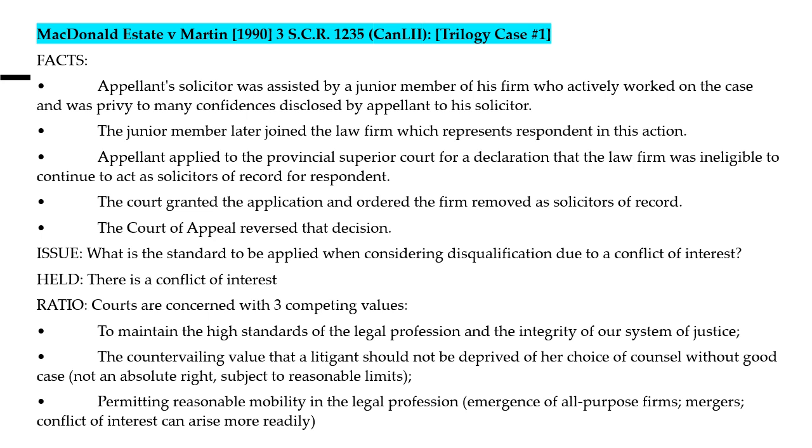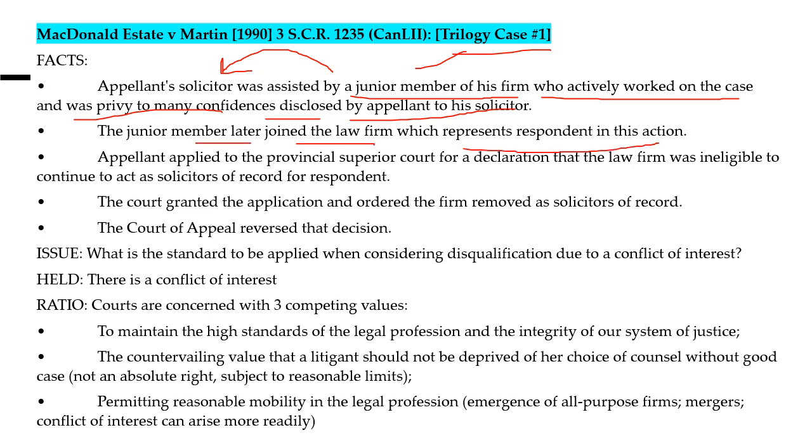So first case, trilogy case number 1, McDonald Estate versus Martin. Firstly, let's look into the facts. The appellant solicitor was assisted by a junior member of his firm who actively worked on the case. What does this line suggest? This suggests that the junior member also had almost all the important information related to the solicitor's client, and was privy to many confidences disclosed by the appellant. The junior member later joined the law firm which represented the respondent in this action.